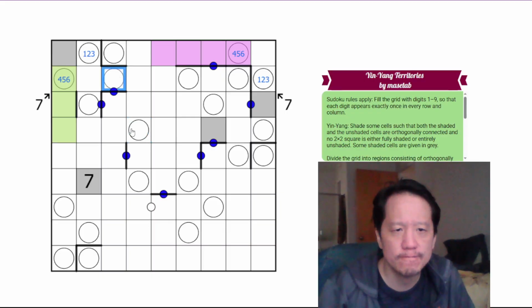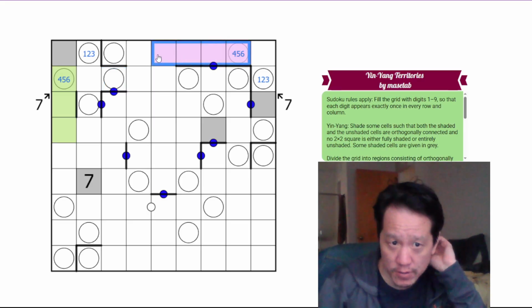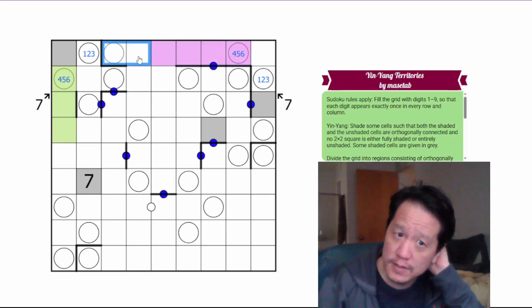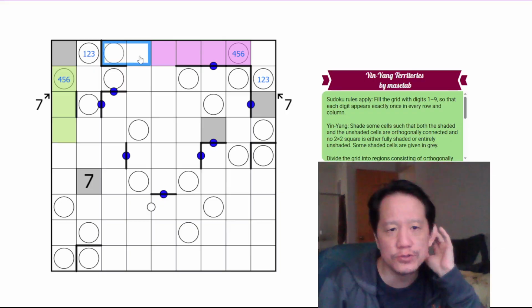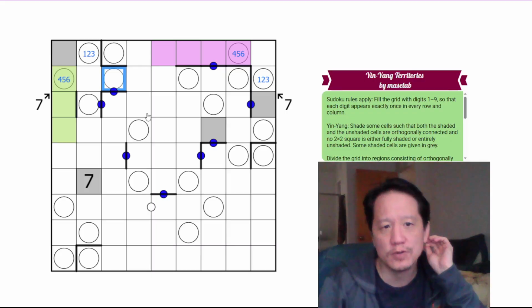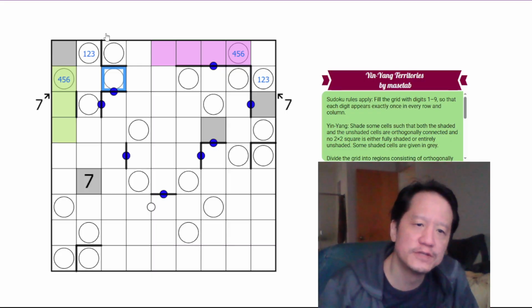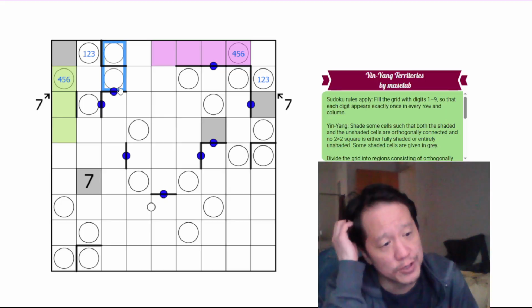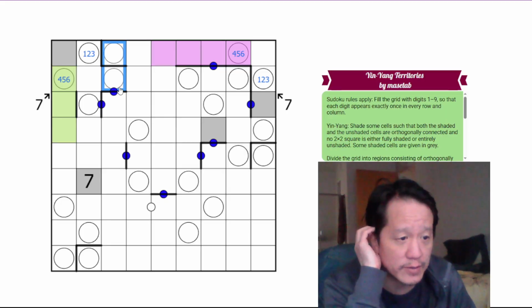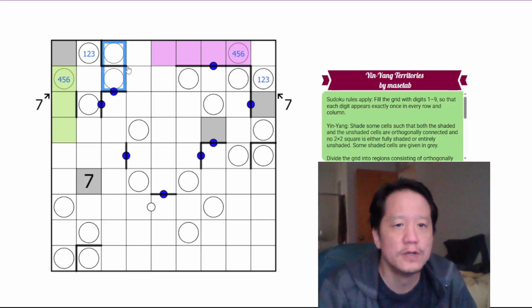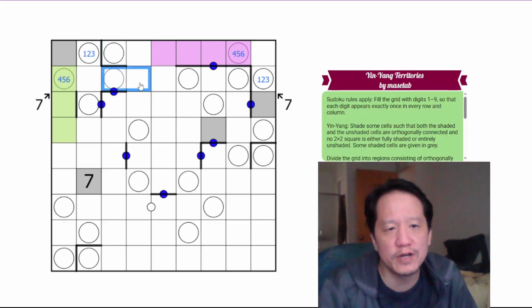Interesting. So this pink region goes there. This then has to be 1 or 2. Or this is 1 or 2. Right? So one of these is guaranteed to be a 1 or 2 at maximum. Right? Because either this blocks that.